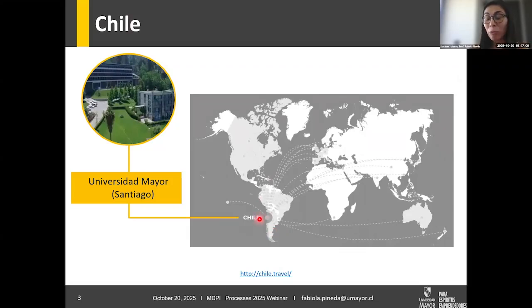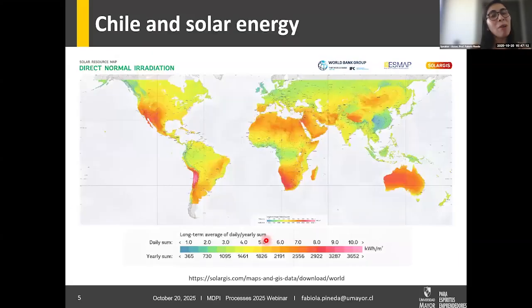We are the longest country in the world. We are in the south, and it's very important to say that because Chile is this country, and if you see this image, we have a pink color, which means that we have a lot of sun.